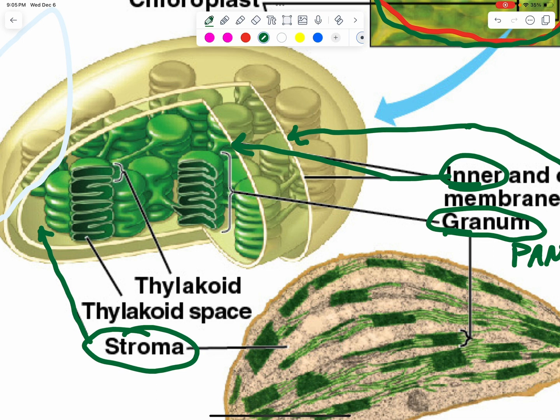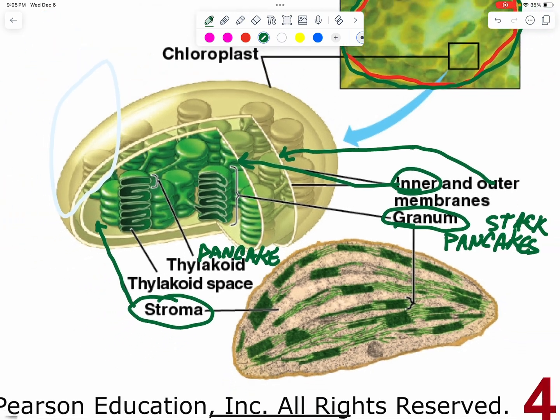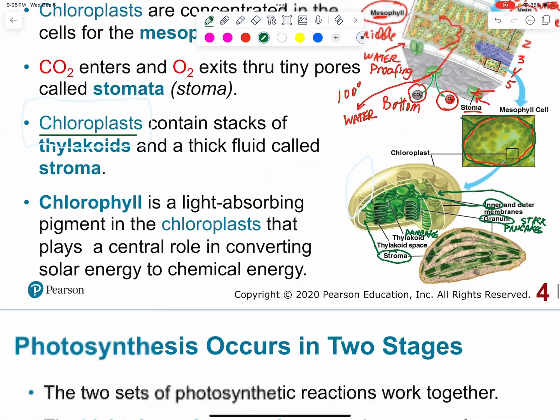An individual pancake is called a thylakoid. So one pancake. And the important thing for you is that these membranes are where the light reactions happen and where the sun's photons are going to be captured to get the whole party started.